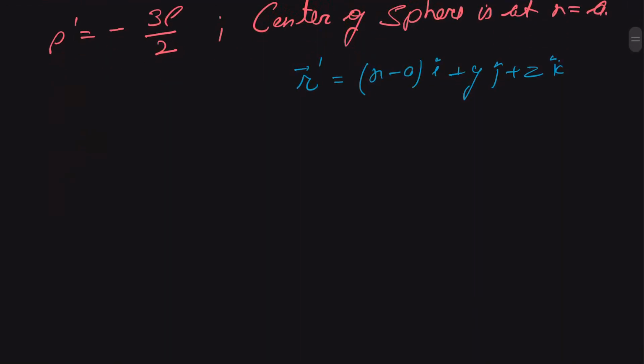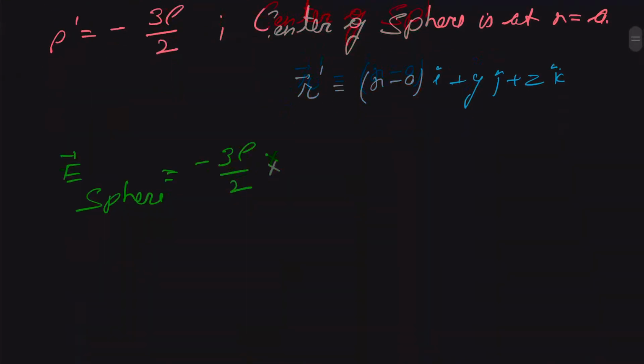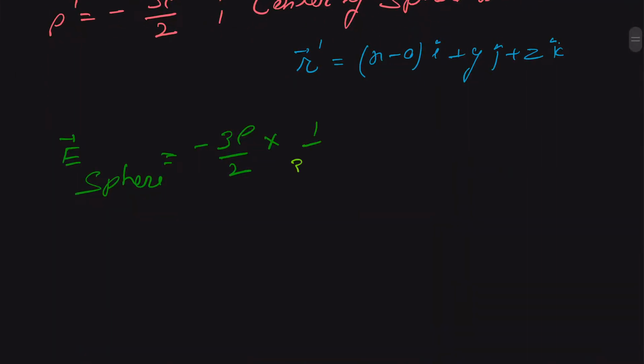So we get our E sphere will be equal to minus 3 rho by 2 multiplied by 1 by 3 epsilon naught times the r prime vector.